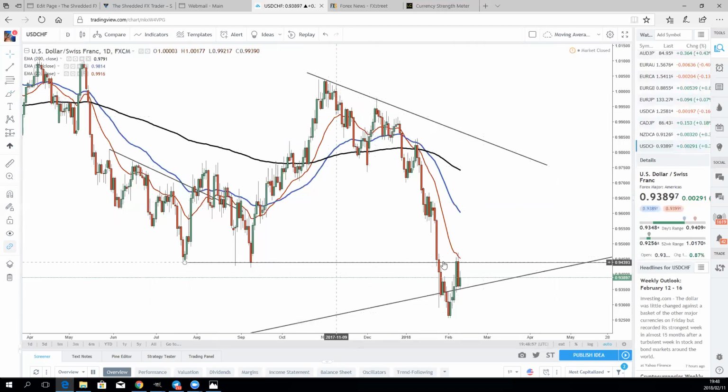We can see that once we broke through, we tested resistance, but rejected. You can see we get a long bearish candle. So now we should see either a break of this low, or we'll probably test this area here before we head back up.